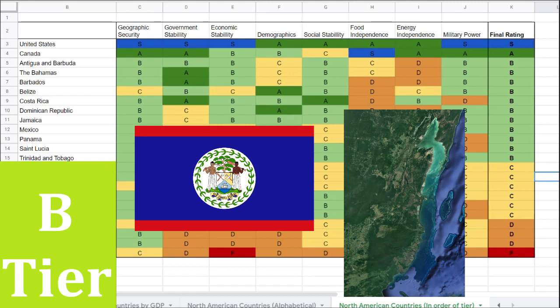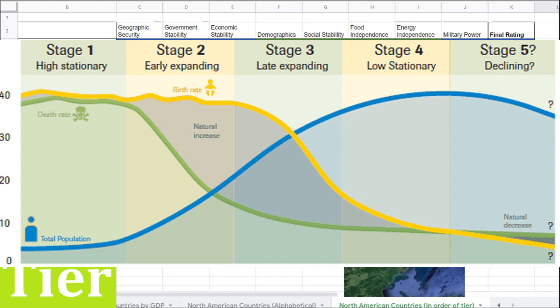But it's actually more stable than the other countries of Central America, so C is kind of a win when it comes to that. Demographics, A. It's actually at the edge of phase 2 in the demographic transition model. So the economy is strong for where Belize is in that demographic transition model.